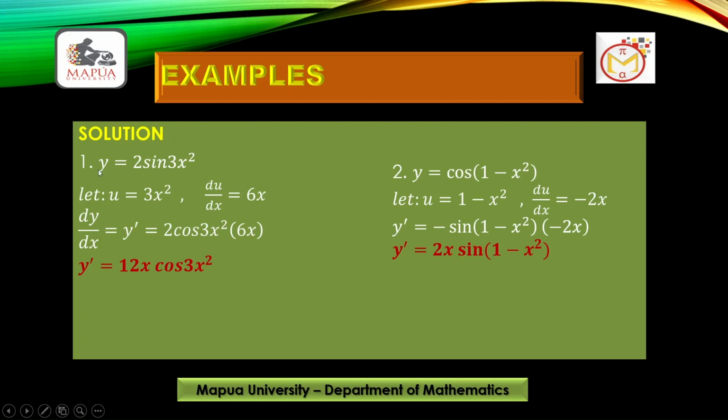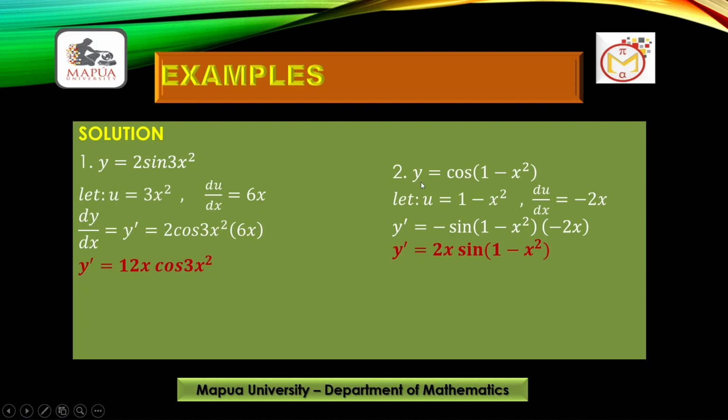Therefore, the derivative of y with respect to x, or y prime, is the coefficient 2, and then the derivative of sine 3x squared is cosine 3x squared times the derivative of u, which is 6x. We can simplify our answer: y prime is equal to 12x cosine 3x squared, because we multiply the 6x by 2.